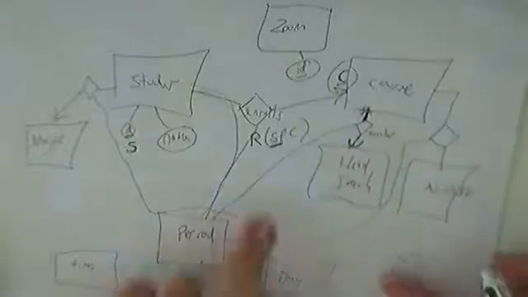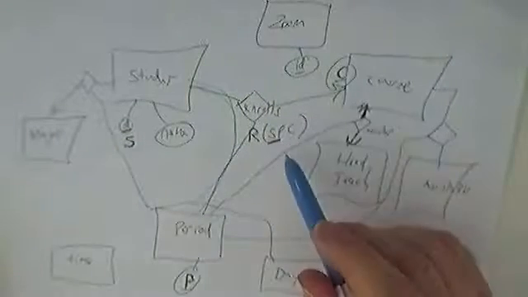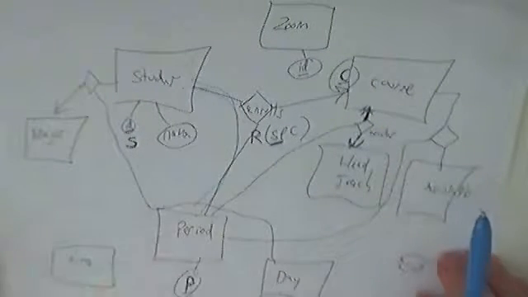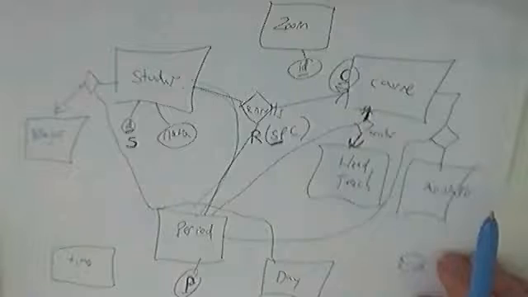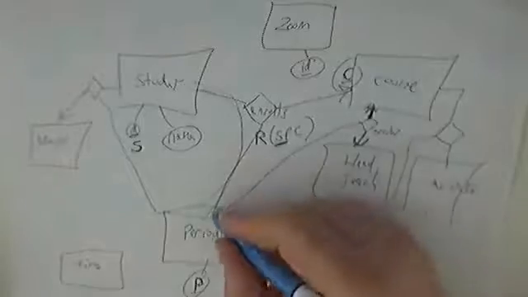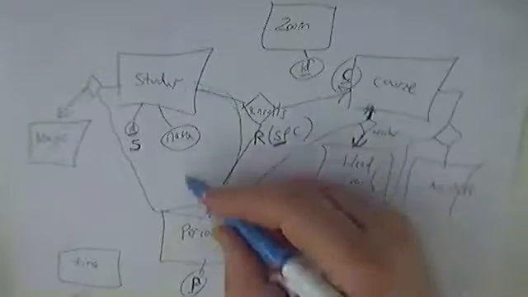And then this table right here corresponds to, of course, one of our SPC. It corresponds to S, course. Sorry, I had this wrong here. This student and period determines the course.